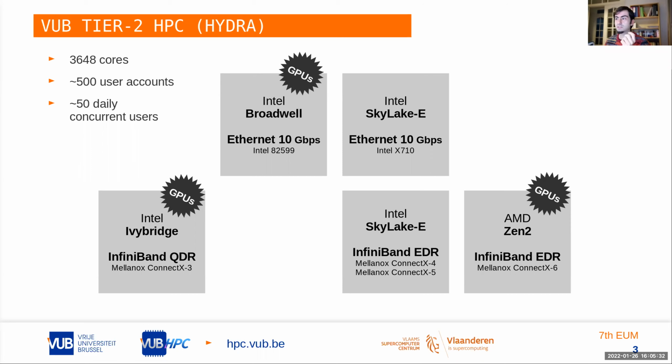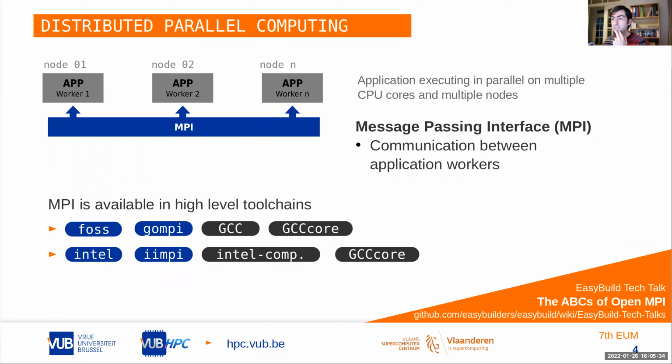Then, regarding MPI, for those that are not familiar with it, MPI is the message passing interface, which is a de facto standard that applications use to leverage the distribution of their workload and the synchronization of the different workers that are executing the simulation in multiple nodes.